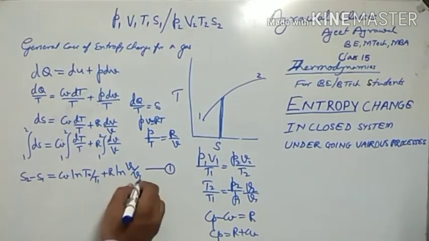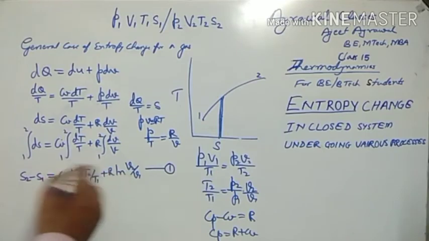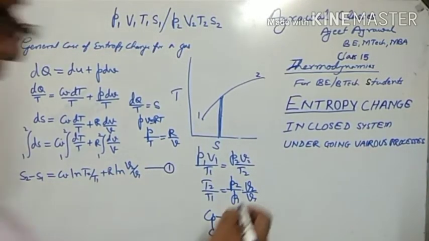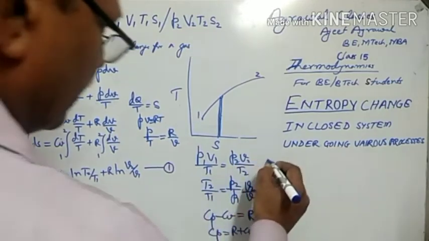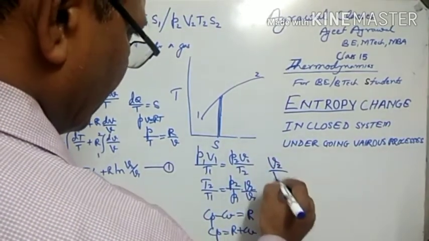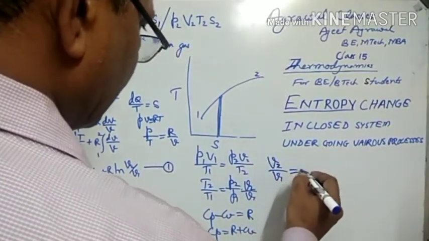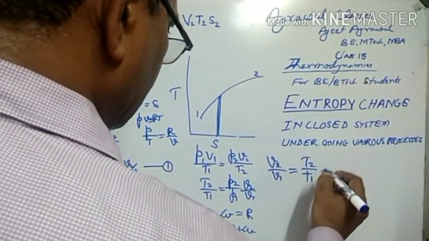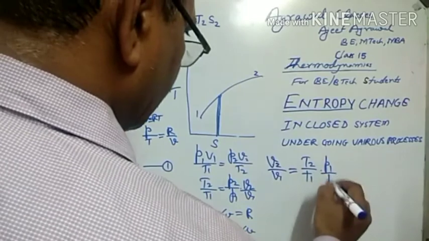Now we will substitute V2 by V1 in terms of T and P. From the gas equation, V2 by V1 equals T2 upon T1 into P1 upon P2.